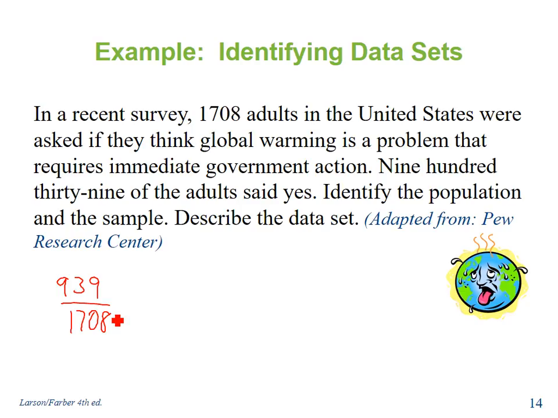If I put that fraction on something and said this many people said that global warming's a problem, most people aren't going to have a clue what that tells them. So what would we probably want to do with that fraction? Change it to a percent. Divide this and change it into a percentage, and that'd make more sense. You'd say 53% of people say that global warming is a problem, whatever that comes out to be.